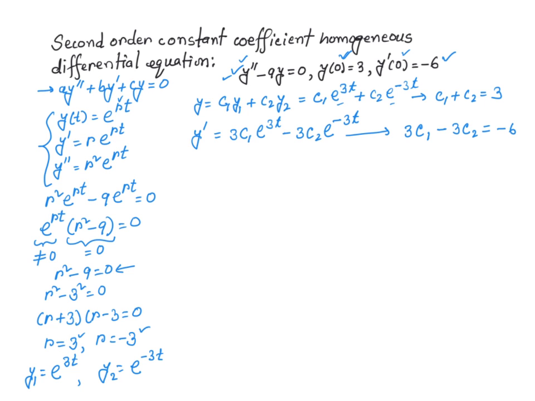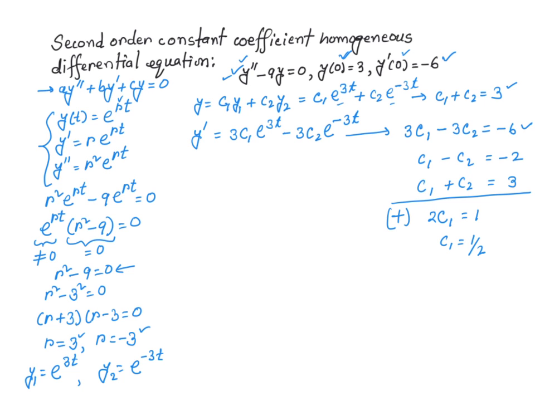And this I could simplify further. c1 minus c2 is equal to negative 2 by dividing both sides of this equation by 3. And this one tells me c1 plus c2 is equal to 3. If I add these two equations, that's going to give me 2c1 is equal to 1, or c1 is equal to 1/2.